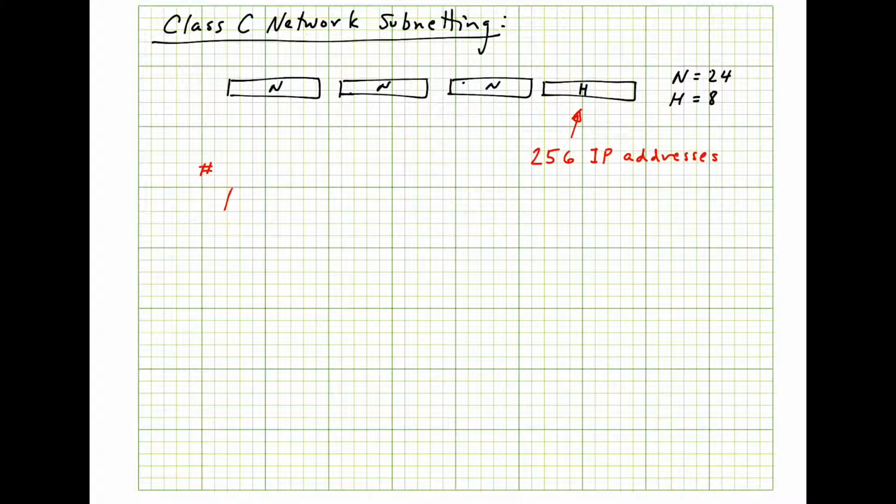Let's see, if I create a little table here, number of subnets and the number of IPs each.